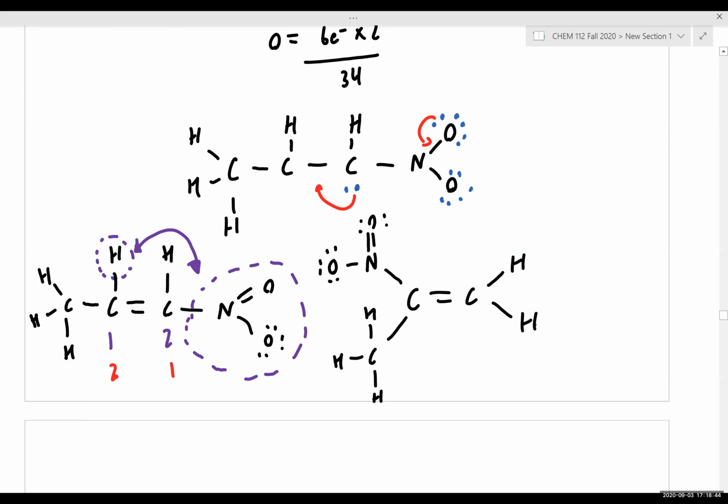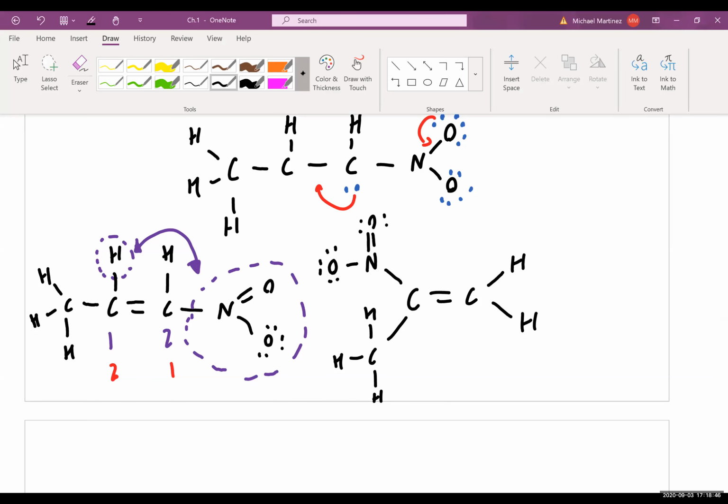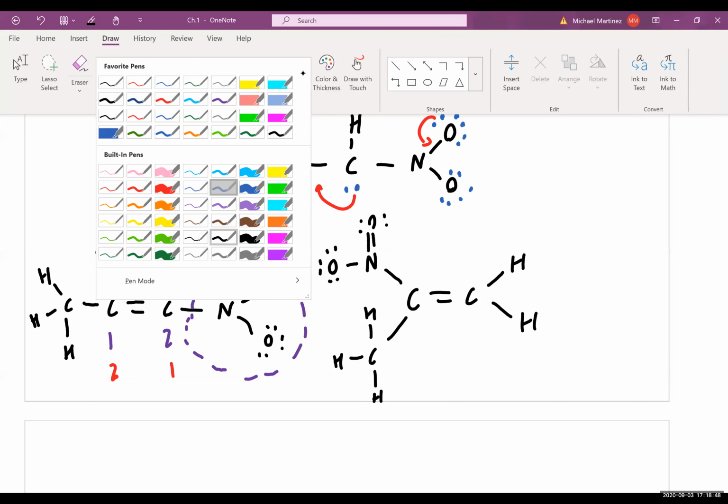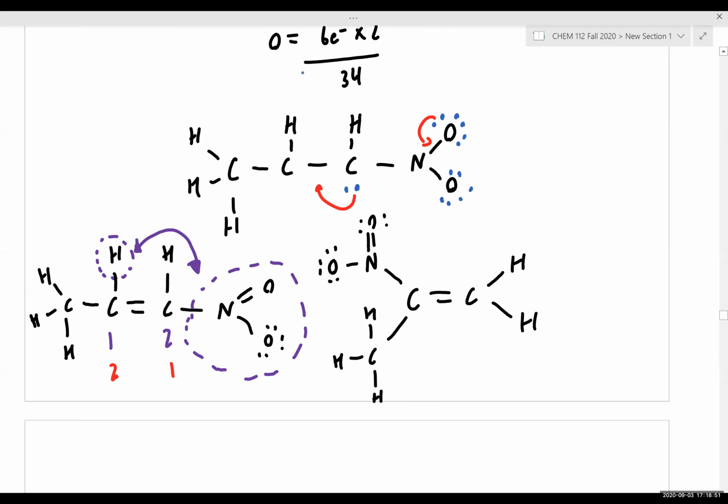And now, if we look at the connectivity of our functional groups, are these 2 structures constitutional isomers? Do they have the same or different connectivity? Different, yep. So these 2 structures would be constitutional isomers.